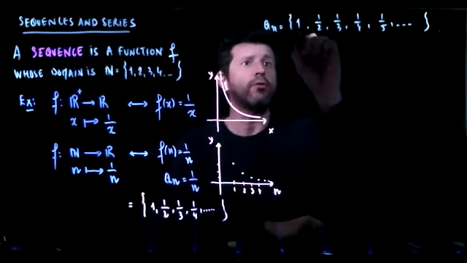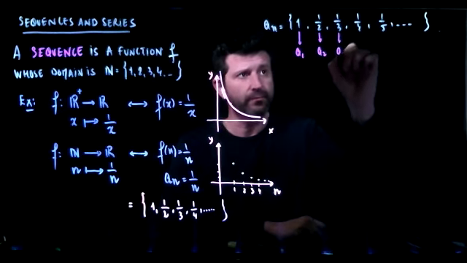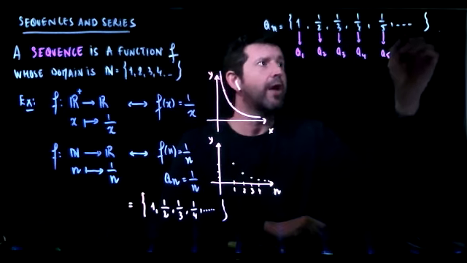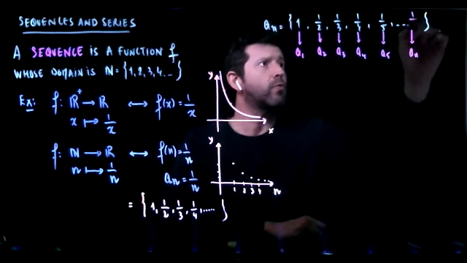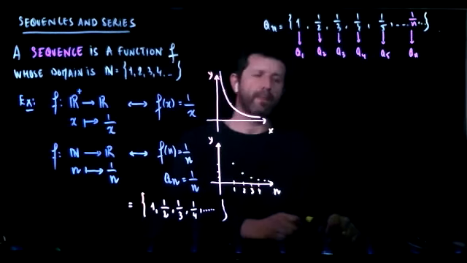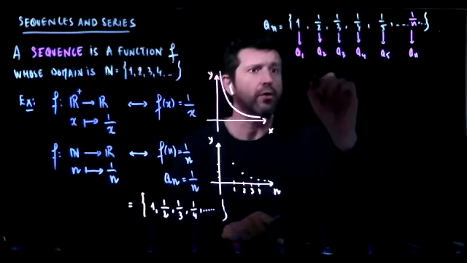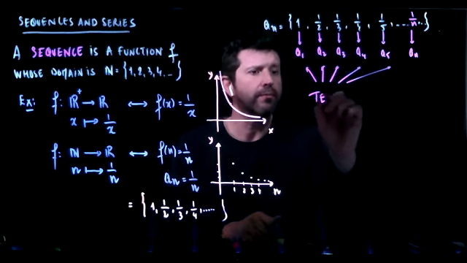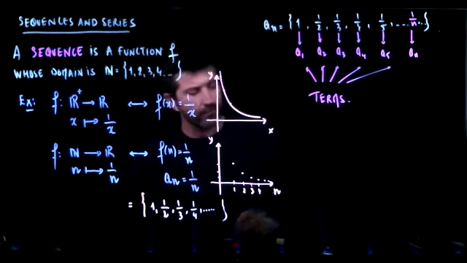This is called the first term, so we're going to call it a_1, second term a_2, a_3, a_4, a_5, and of course the nth term will be just 1 over n. It continues forever, doesn't stop. And all these are called terms of my sequence. Any questions?